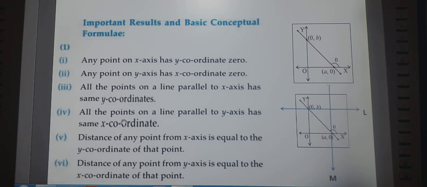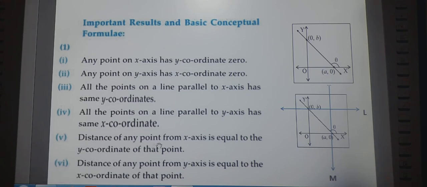Fourth point, all the points on a line parallel to y-axis have the same x coordinate. That means when we consider a line parallel to this y-axis, that we denote here by capital M, when we consider a point on this line M which is parallel to this y-axis, then its x coordinate is the same.